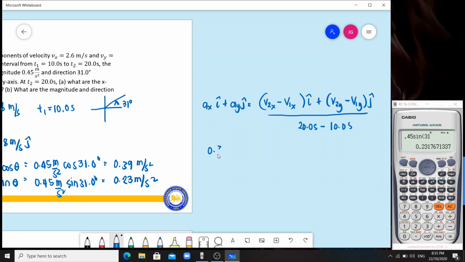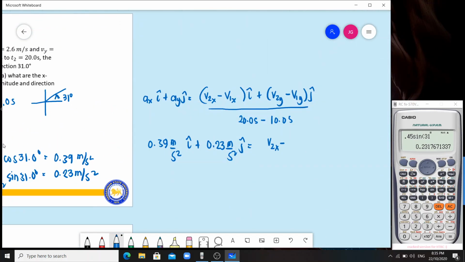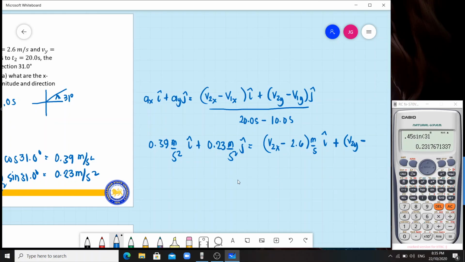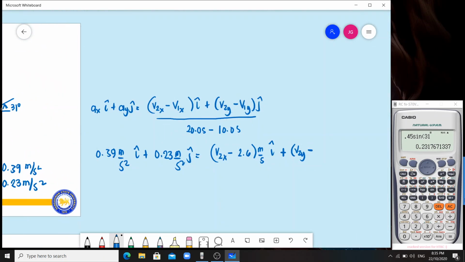So, let's just 0.39 meter per second squared I plus 0.23 meter per second squared J equals V2X minus ang V1 natin nandito na 2.6 okay, meter per second I plus V2Y minus negative 1.8 minus minus, so that is 1.8 meter per second J divided by 20 minus 10, that is 10.0 second.